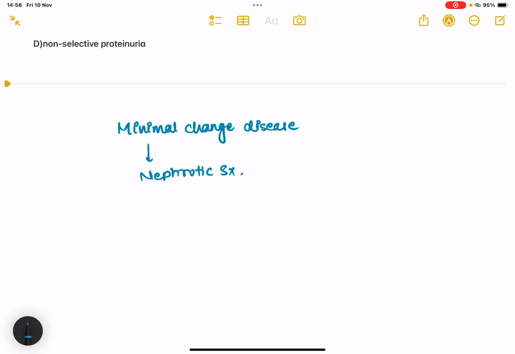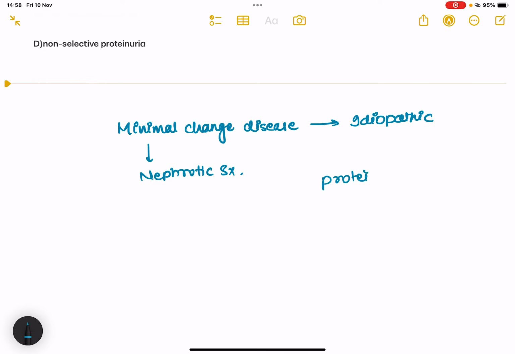And the most common cause of minimal change disease is idiopathic, and it may be associated with Hodgkin's lymphoma, respiratory infections, prophylactic immunization, eczema, and rhinitis. Okay, and in minimal change disease, proteinuria occurs.